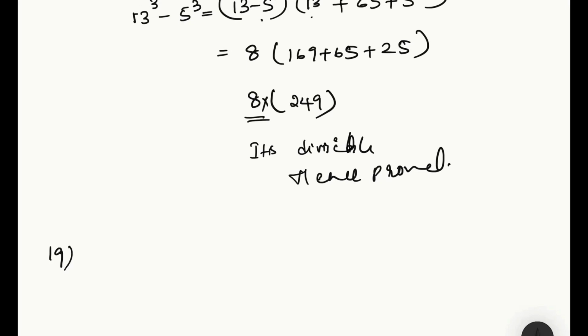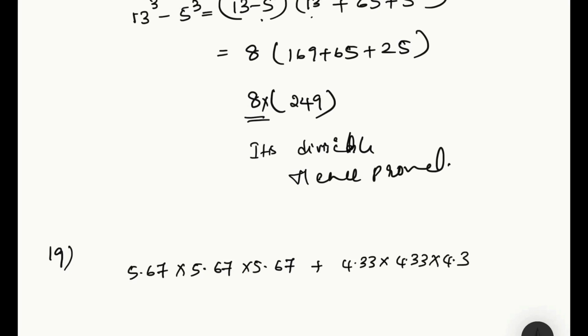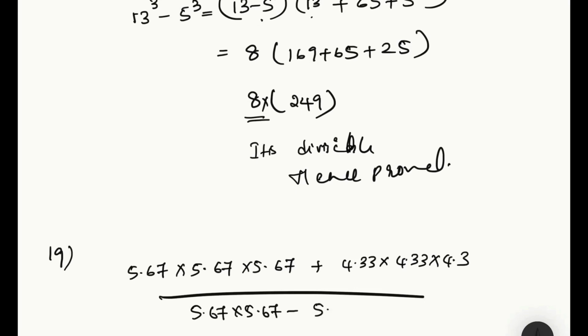In question 19 you have 5.67 into 5.67 into 5.67 plus 4.33 into 4.33 into 4.33 by 5.67 into 5.67 minus 5.67 into 4.33 plus 4.33 into 4.33.